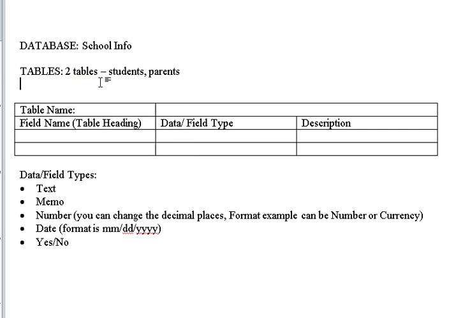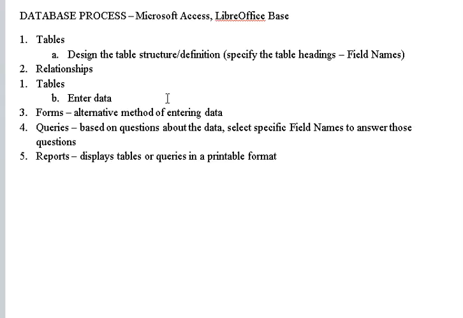So, as we said before, the first step in our database is to create our table design, structure, definition. Let's just go back to our notes here, which specifies the table headings, also called field names. So that's what we're going to do now. We're going to just create the shell of our table with the table headings.